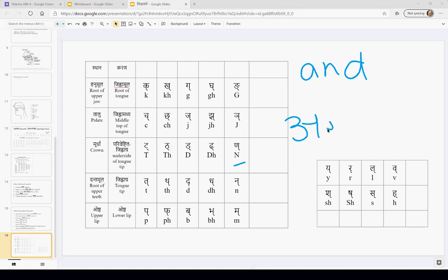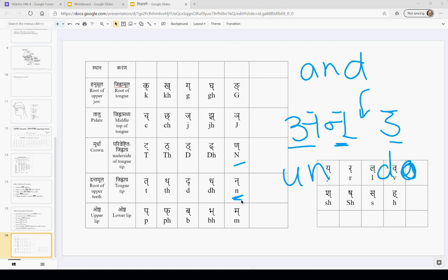If we pronounce them separately, we can keep this 'un' and 'da', like 'undo'. Anda in Sanskrit means egg.